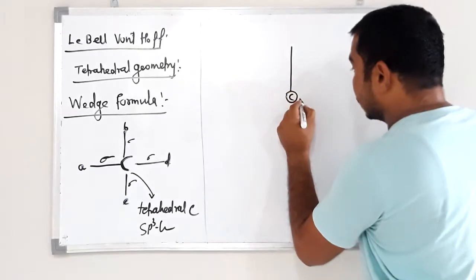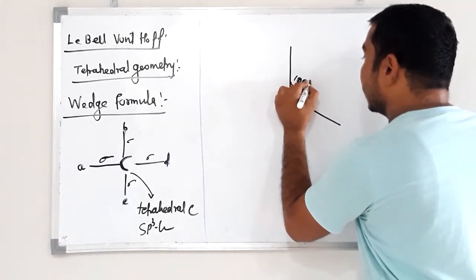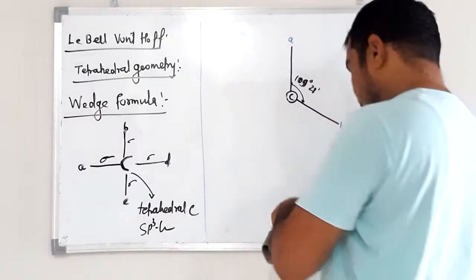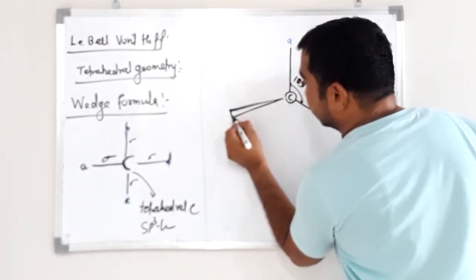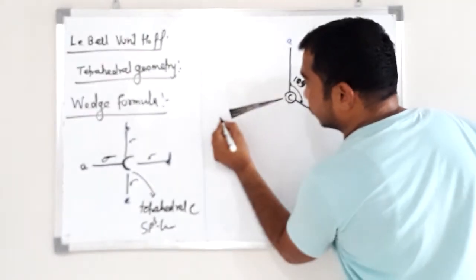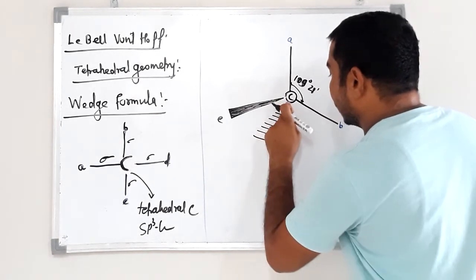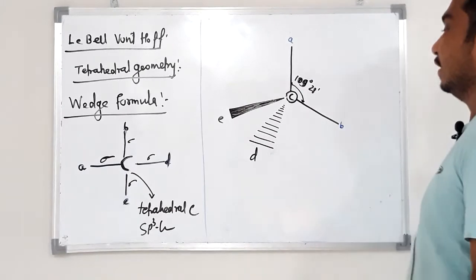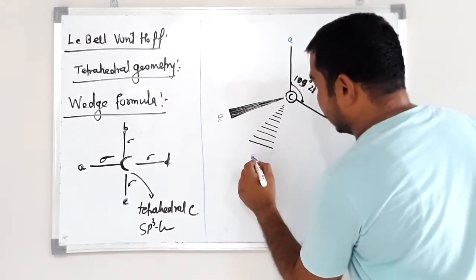Suppose the central situated carbon, the bond angle is 109 degree 28 minute, remember. Here A, B, D and E, very simple.